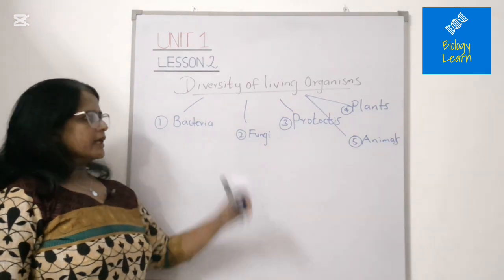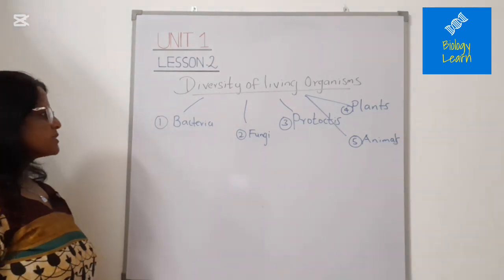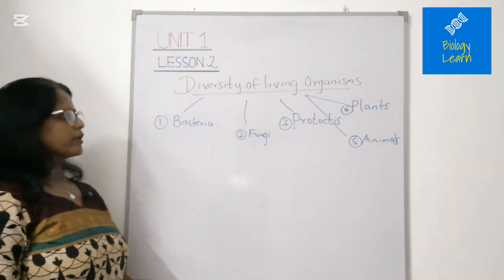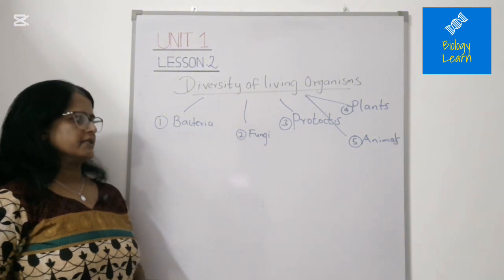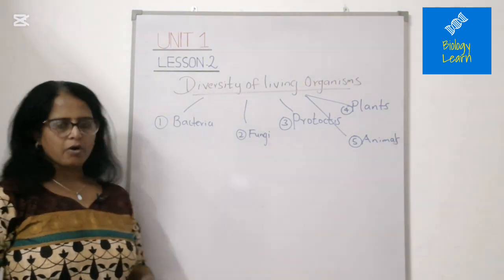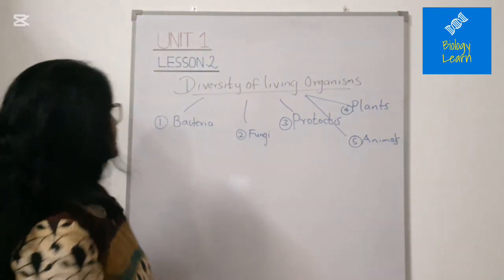So these are the main groups of living organisms: bacteria, fungi, prototists, plants and animals. Now I am going to talk one by one.